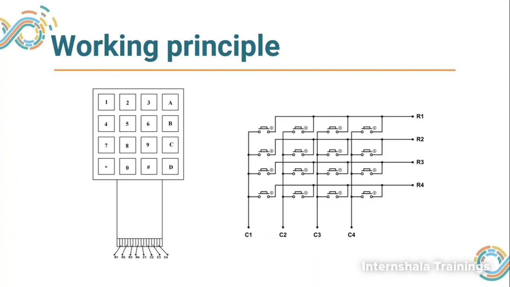If I press any button, only 2 bits will be 1, other 6 bits will be 0. That means for every button press, a unique code will be generated. The task of Arduino is to convert that unique code into a human readable value, that means 1, 2, 3.